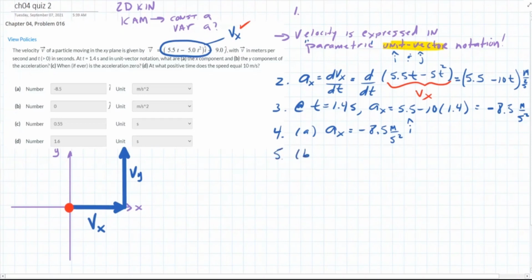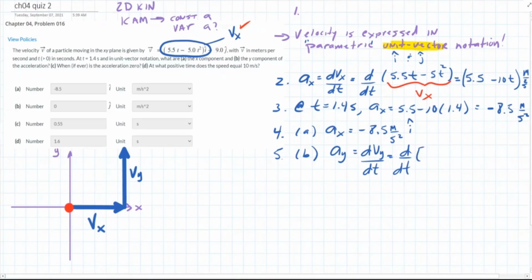Here's the y component. The y component is A sub y equals the first derivative of velocity with that subscript notation, dv subscript y dt. So now I have to take the first derivative of v subscript y.